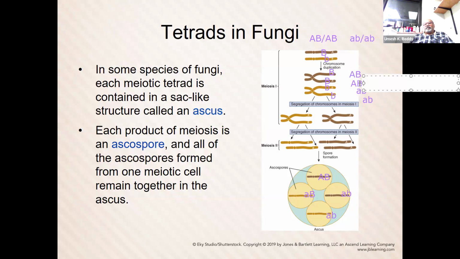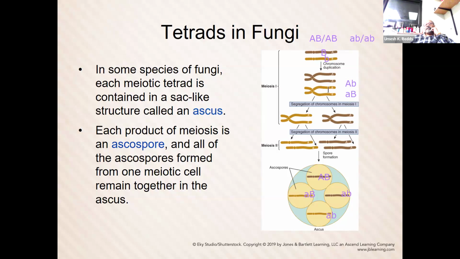The recombination can produce a chromatid that is capital A, small b, or small a, capital B. You agree?